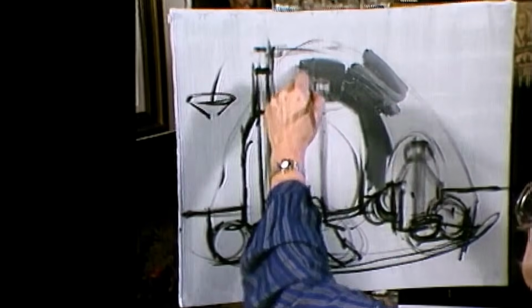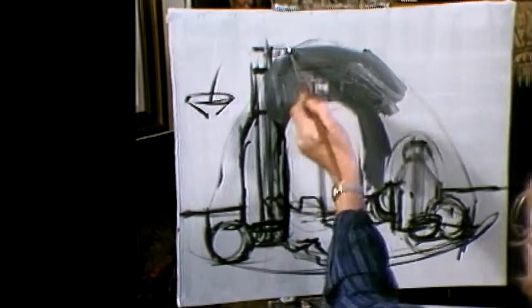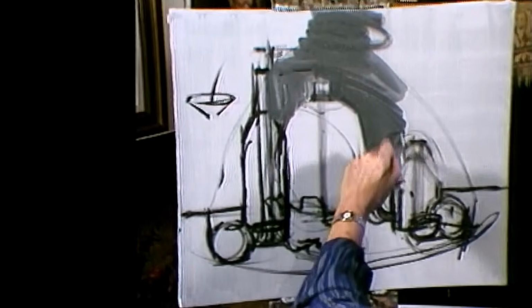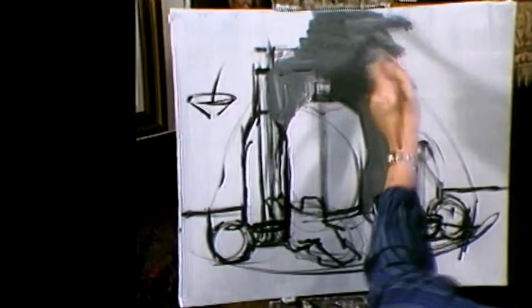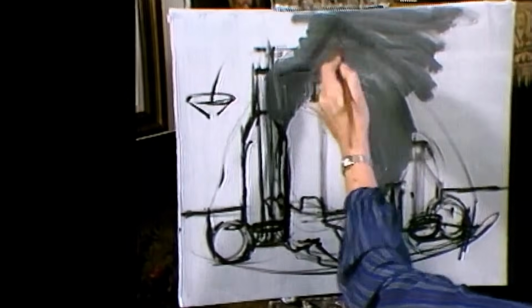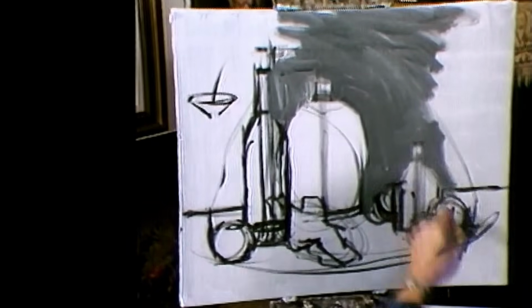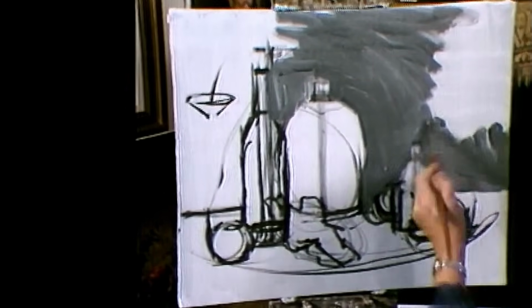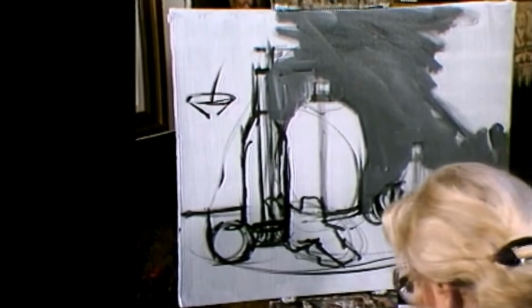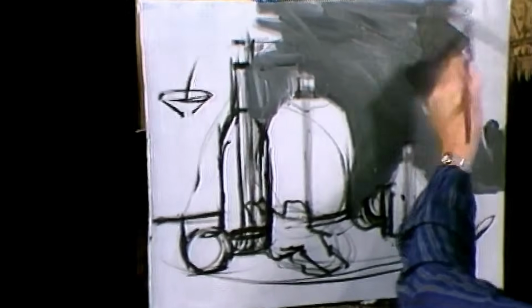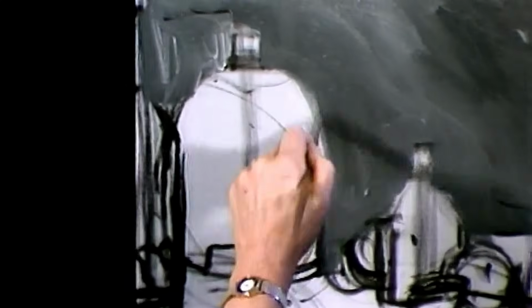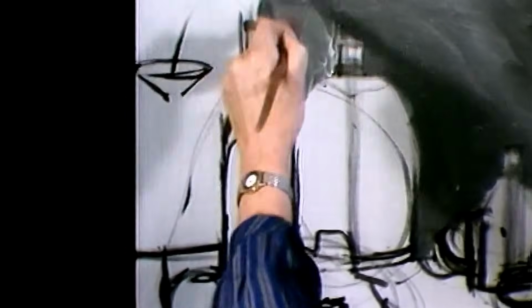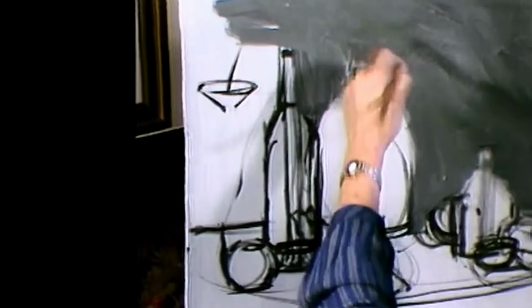Again, this beginning is done not for any other purpose than to serve the next stage of the picture's development. You will see in the progress of this picture how beneficial this tonal evaluation of the colors will be. I don't want to get ahead of myself. I would rather talk about what I'm doing as I do it.